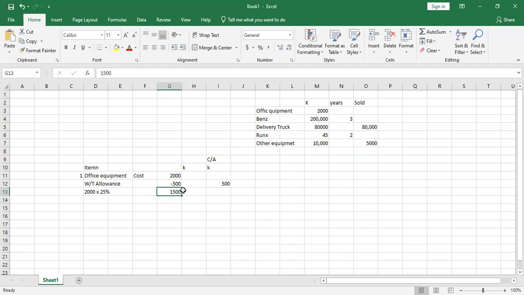And that 1,500 is what we call the income tax value. Then what's the other item that we have? The second one, we have the Benz. What's the cost of the Benz?